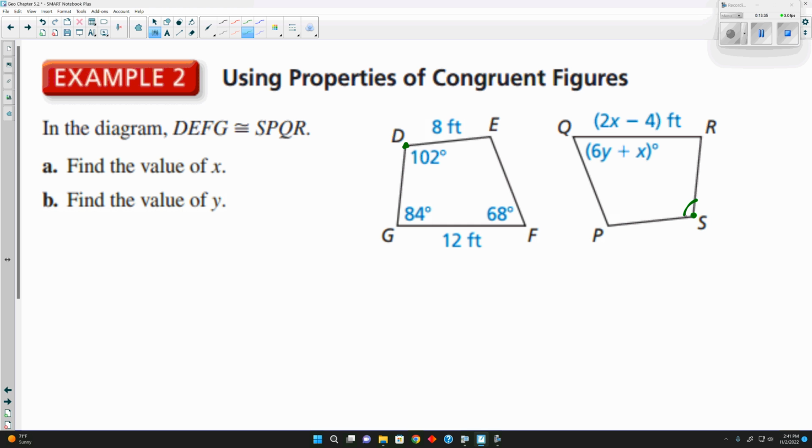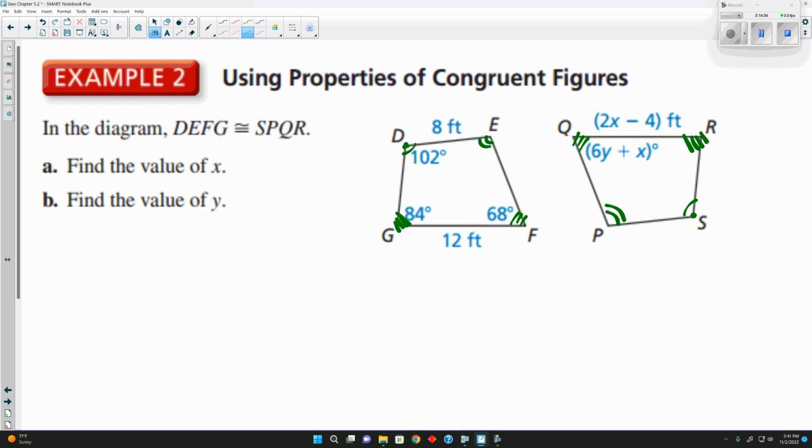So that means that angle S and angle D are the same. Well, then they went to E, and then this one went to P and E are congruent. Well, we know that angle F and angle Q are the same, and 4, 1, 2, 3, 4. So we know those are the same. Well, that tells us that Q and F are the same, yes?